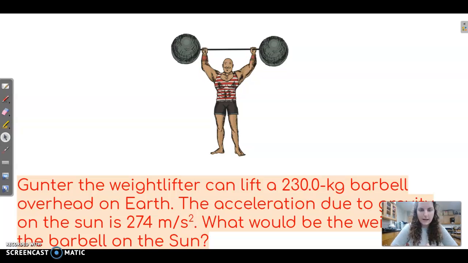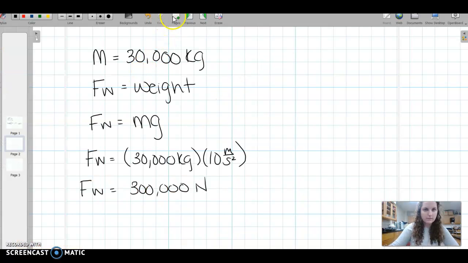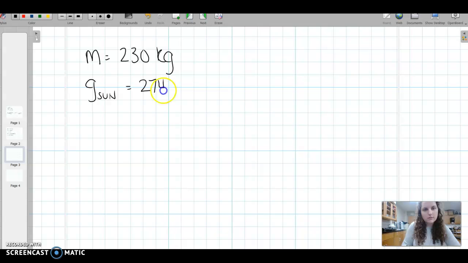Again, we're given a mass, and then we're given an acceleration due to gravity. So let's go ahead and write those two things down. The mass of that barbell is 230 kilograms. And we're also given that g on the sun, or that gravitational attraction on the sun, is 274 meters per second squared.